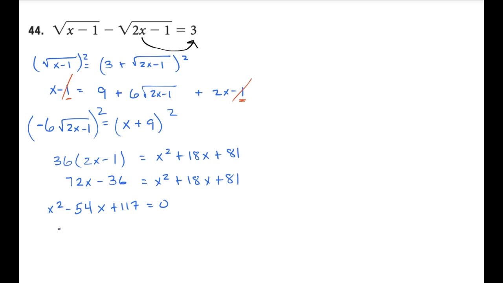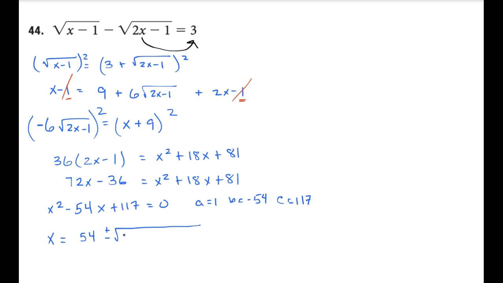just used the quadratic equation, and I end up with 54 plus or minus the square root. So remember, a is 1, b is negative 54, and c is 117.